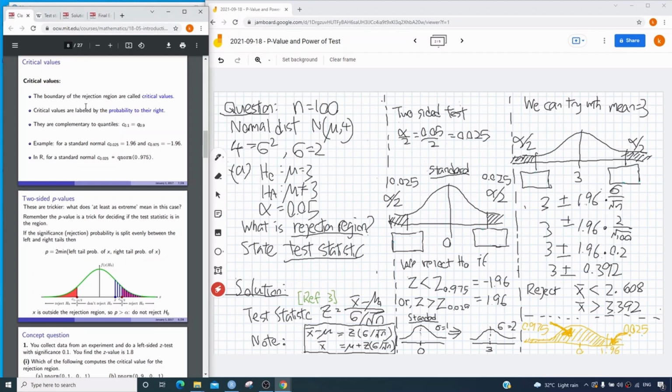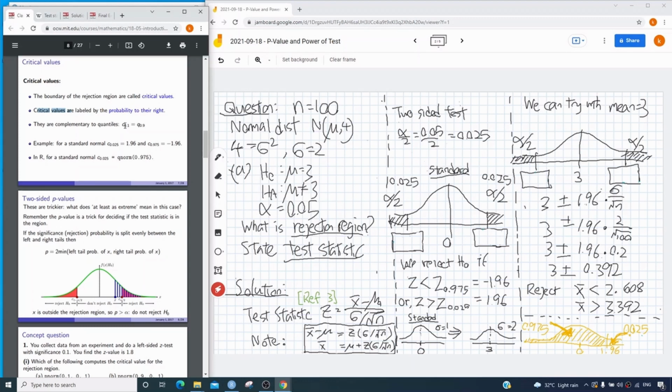It says that the boundaries of the rejection region are called critical values, and critical values are labeled by the probability to the right. And they are complementary to quantiles.